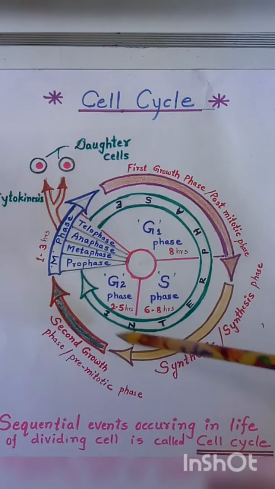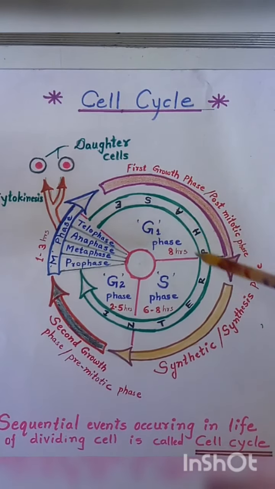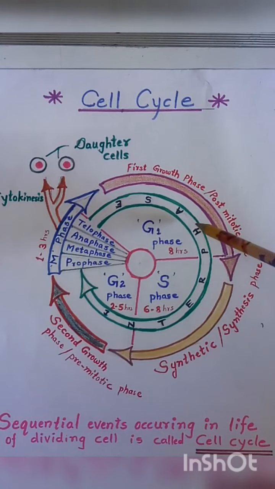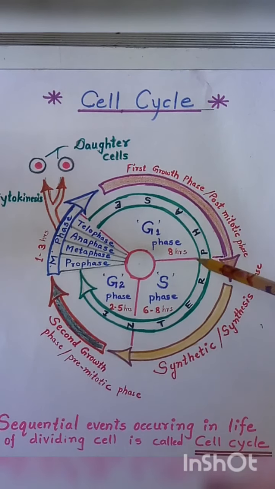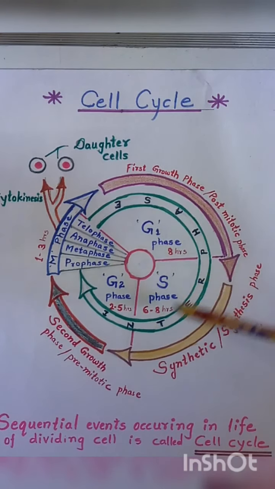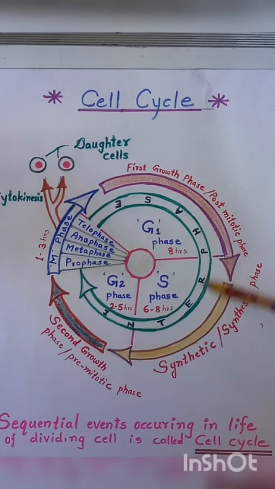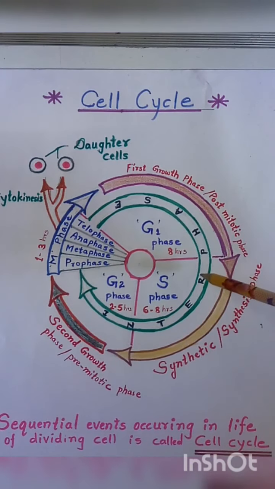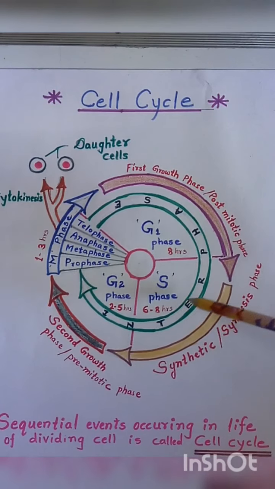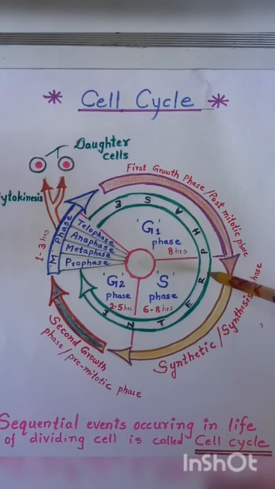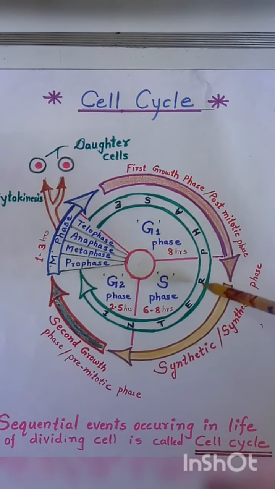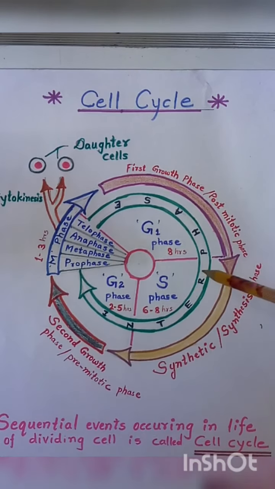Interphase is the longest phase of the cell cycle because a lot of preparations are going on in this phase. During this phase, the cell is highly active and prepares itself for the process of cell division.